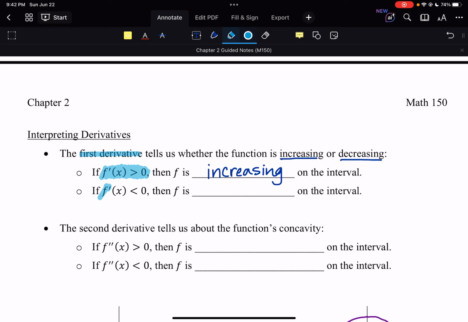If, on the flip side, the derivative is negative, then f is decreasing on the interval. Again, increasing and decreasing basically just tells us, is the graph going up or going down?